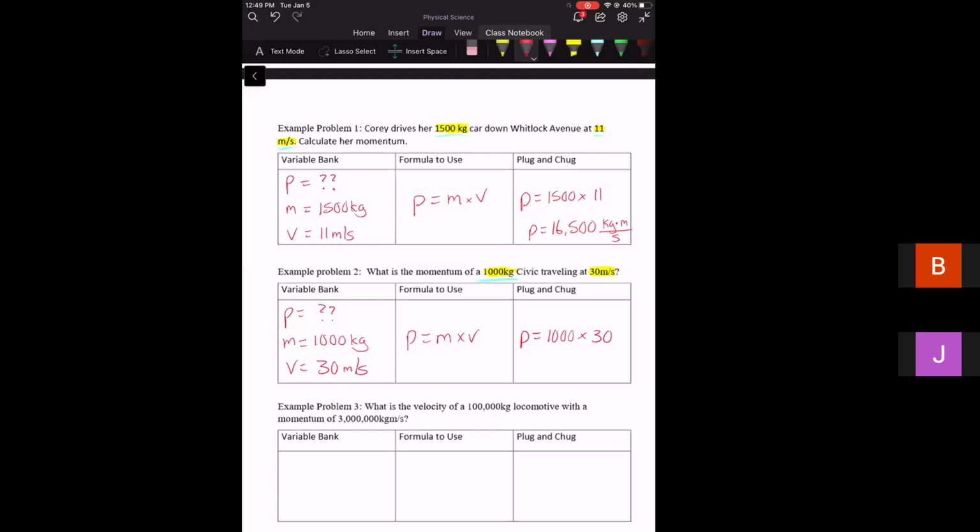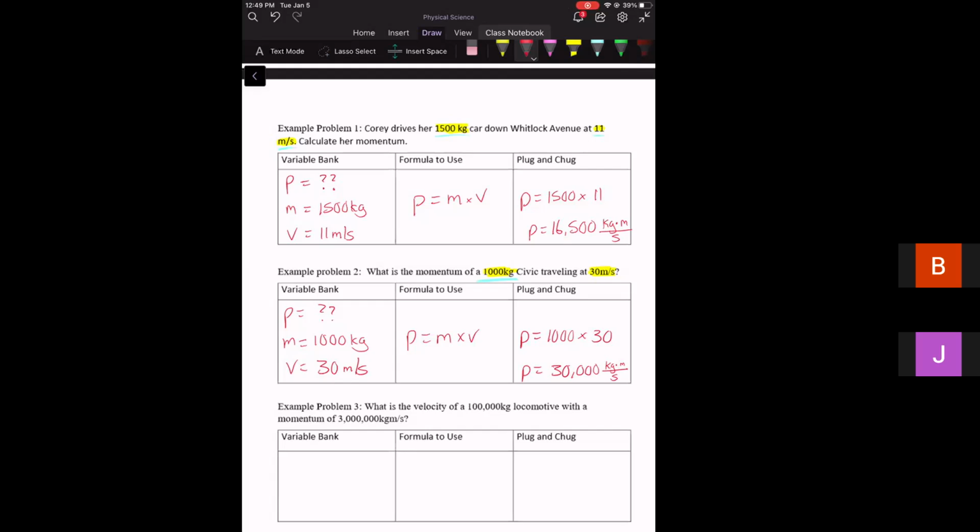All right, and then P is equal to, when you put that in your calculator, 30,000. And again, it's that kg m over s.